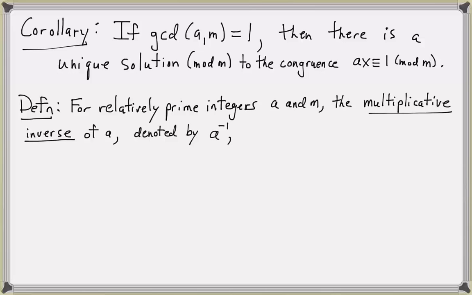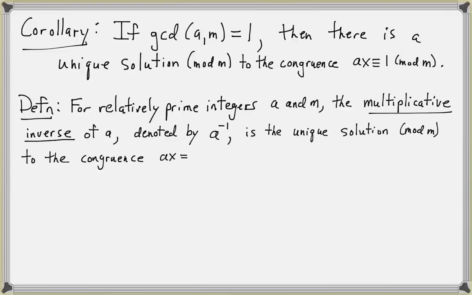Okay, so the multiplicative inverse of a is the unique solution mod m to the congruence ax is congruent to 1 mod m.